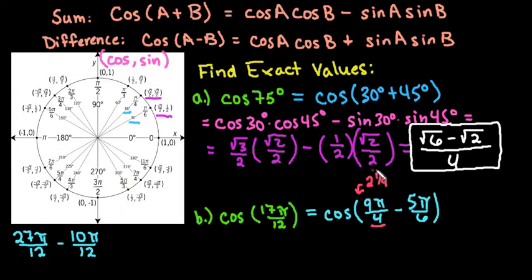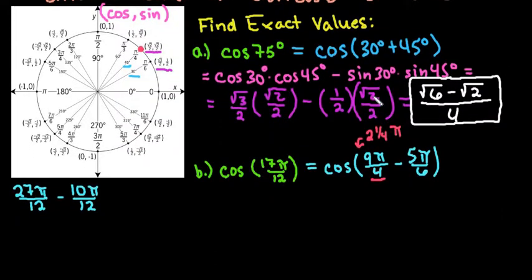That's probably the easiest way to think of it: 2 pi means that we went one full rotation, plus we went 1/4 more, so we're going to end up at this point. So now we can use this point for pi over 4, and we can use 5 pi over 6 as our second point.